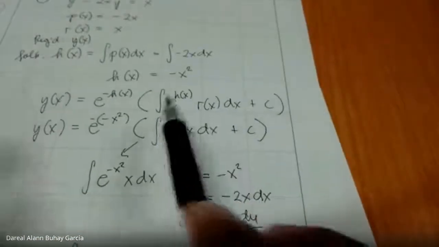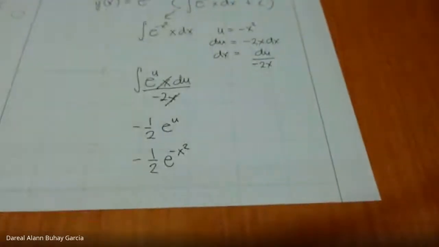So e to the u, negative 1/2 e to the u, or negative 1/2 e to the negative x squared. Okay. So we replace this part by this one.